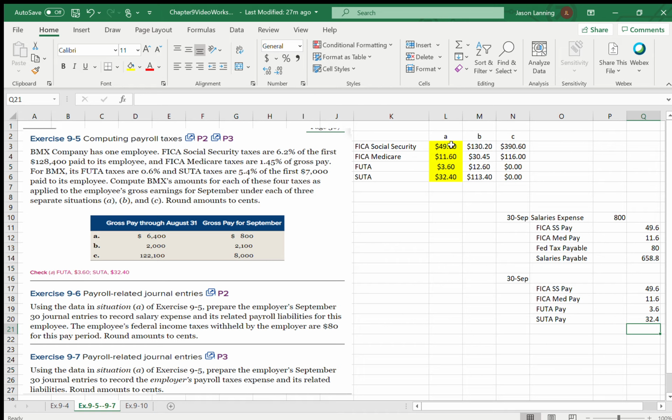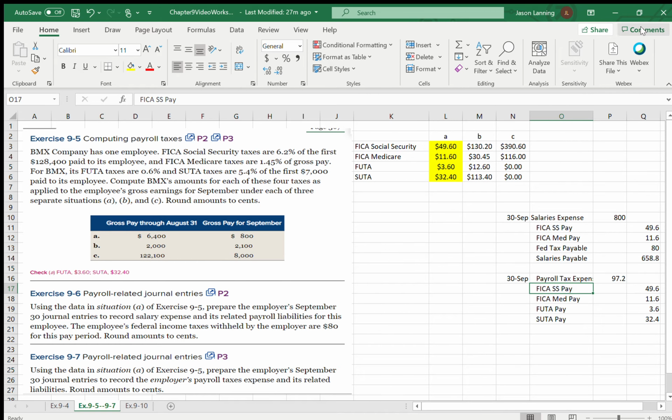So again, we're getting this information from what we found out in 9.5, and here's all the payables that we have. Now, this is state unemployment, federal unemployment, Medicare, and Social Security. So if we add these items up, we'll do that here. We will see that $97.20 is what we consider payroll tax expense.